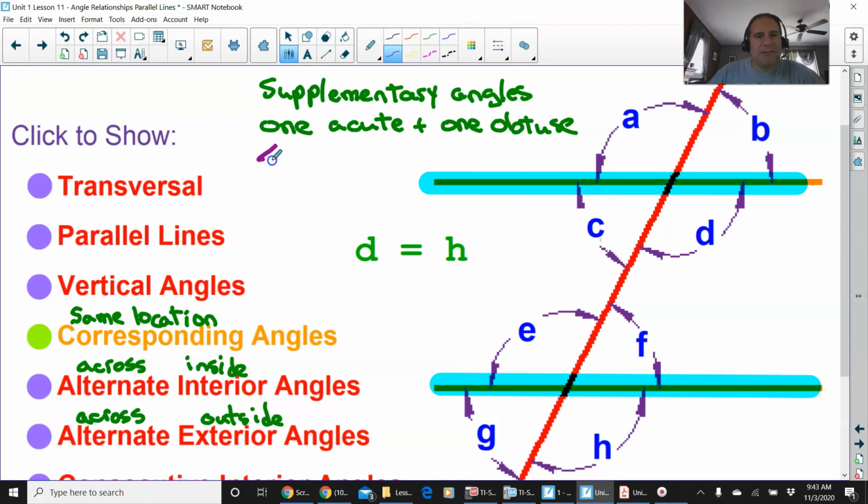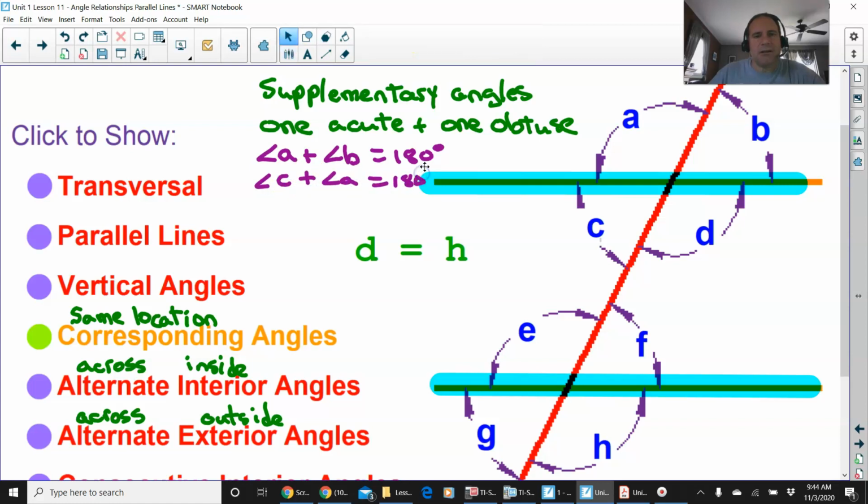So angle A is the obtuse angle plus angle B equals 180 degrees. 1 obtuse, 1 acute equals 180. So angle C plus angle A, that equals 180. Let me check. 1 acute plus 1 obtuse equals 180.